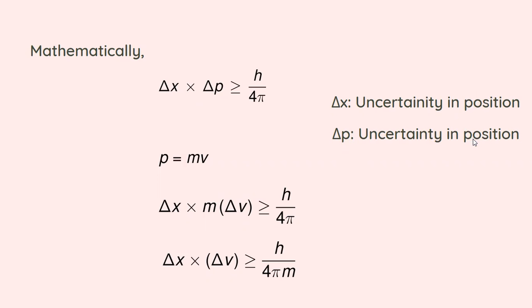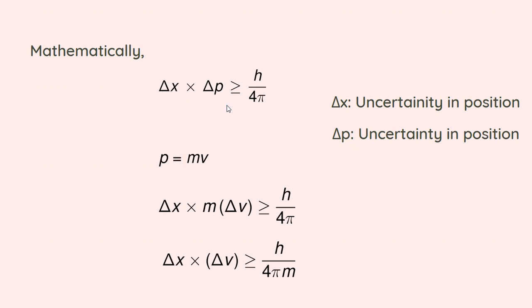The reason you have the greater than or equal to sign here is that the product of the uncertainty in position and momentum should always be greater than or equal to h by 4 pi. So this value can never be less than h by 4 pi.